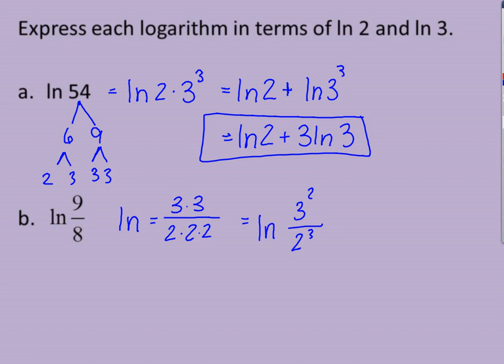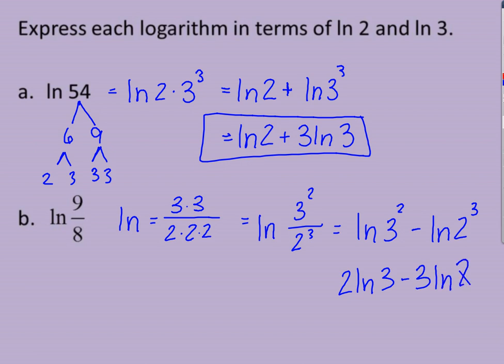That looks a little better. And when we change this to break up the ln's, we will change it to subtraction. So this is the ln of 3 squared minus ln of 2 cubed. To get rid of those exponents, we bring them out front. This is going to be 2 ln of 3 minus 3 ln of 2.